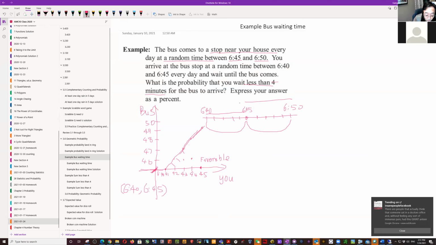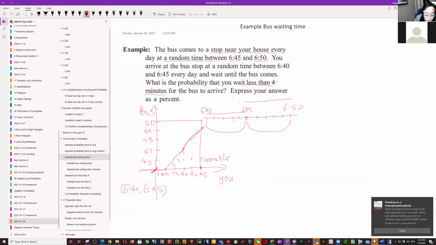This, for example, 44 and 46, you waited for only 2 minutes. So basically, the further away you are from this borderline, the less you are going to wait. And right on the borderline, you have a 4-minute wait.